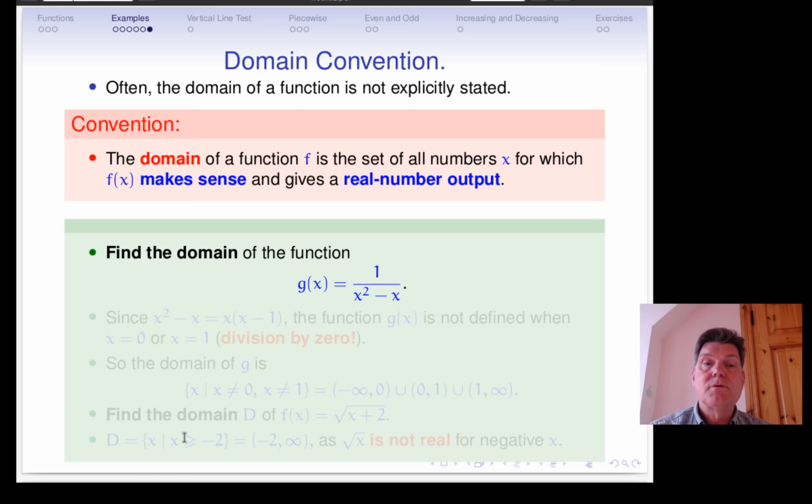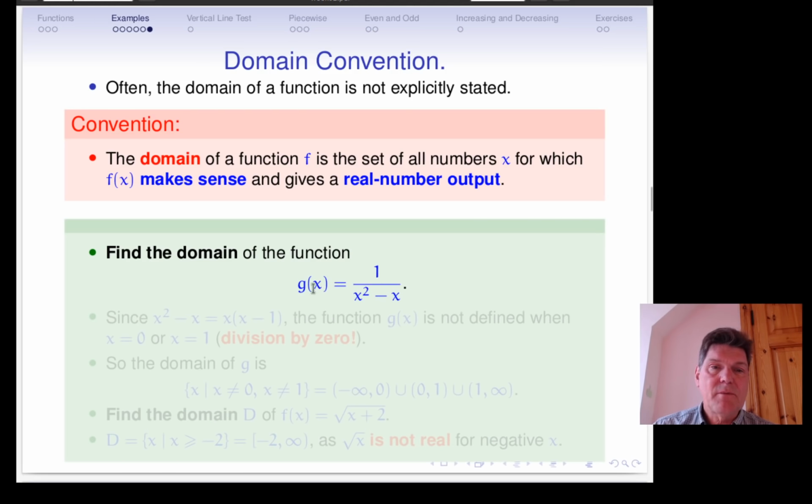Well, if you try out a few values, if you substitute, for example, 1 for x in this formula, you'll end up with 1 divided by 1 squared minus 1, that's 1 divided by 0. And of course we must not divide by 0. Now this function doesn't make sense at x equal to 1.